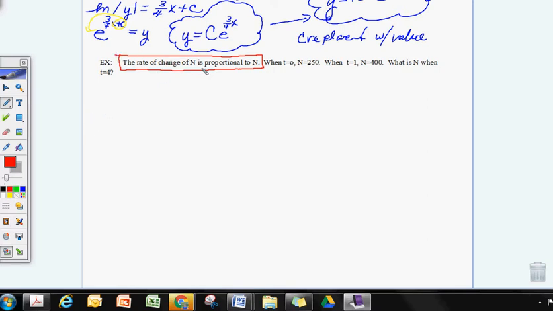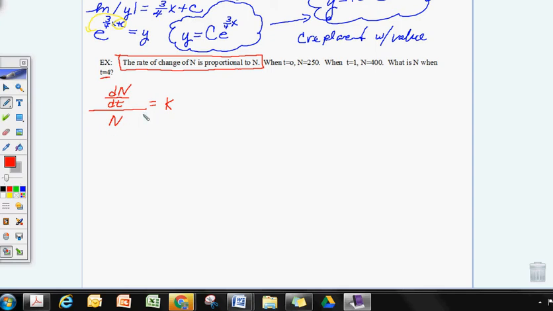So this is going to be my differential equation, dn, change of rate, over dt. Now, how did I know this was a t? You see how they used the t later on? That's what it had to be. So dn over dt, proportional means fraction to n, and that is going to equal my k value.